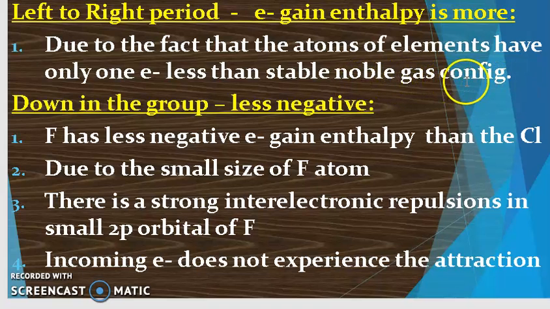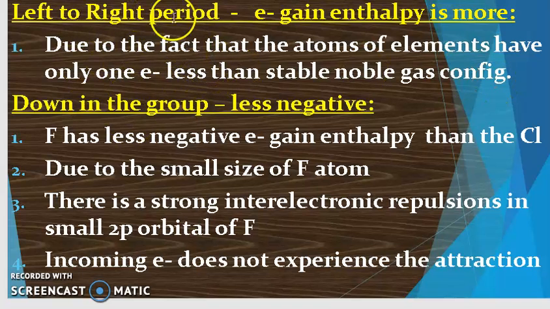For the noble gas configuration, it is 2s2 2p6. So it is ready to gain the electron and get into the stable noble gas electronic configuration, due to the fact that the atoms of the element have only one electron less than the stable noble gas configuration.